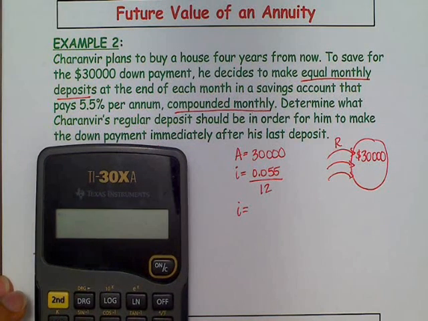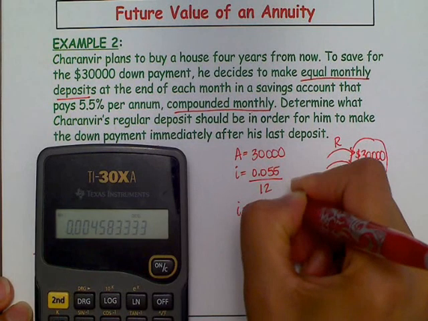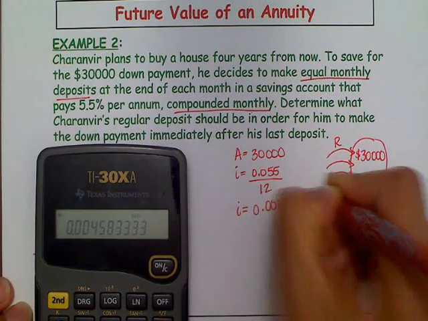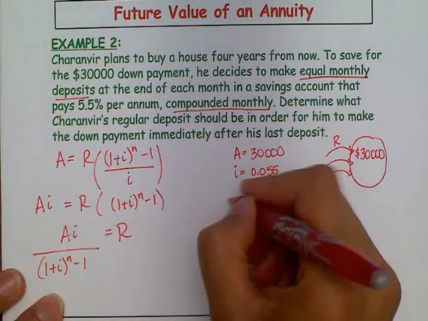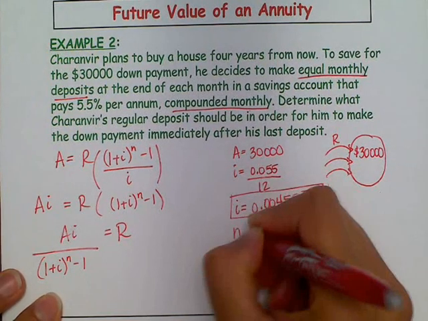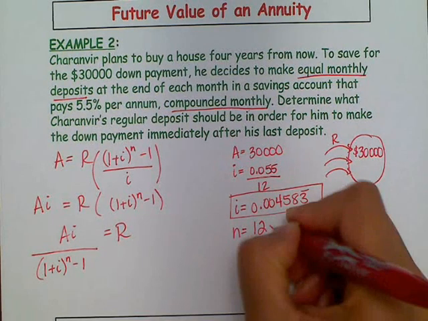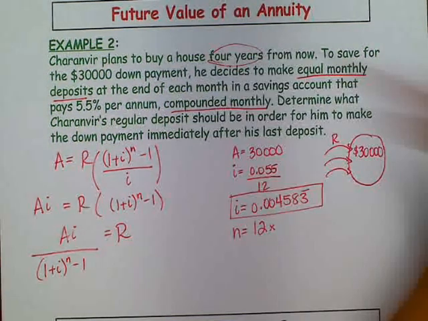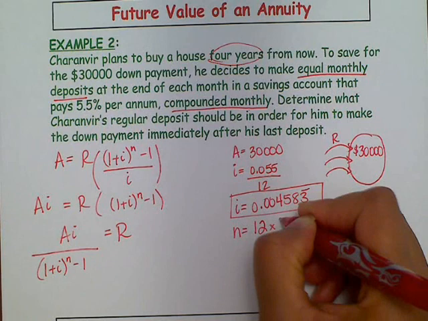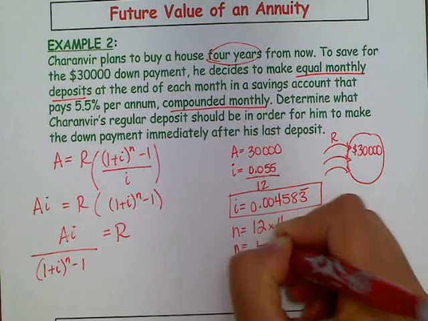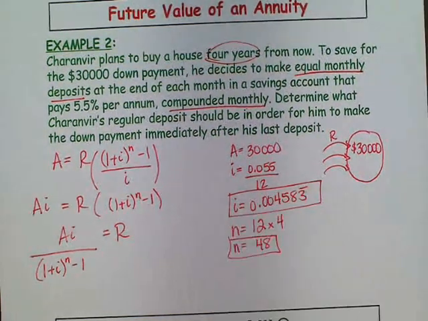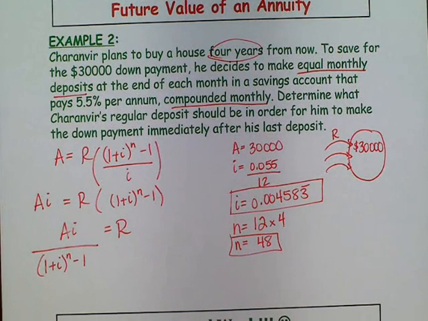And so I get 0.00458, and then the 3 is repeating. And then the number of compounding periods, well, he's depositing money 12 times a year, and he's doing this for 4 years. So we get 48.